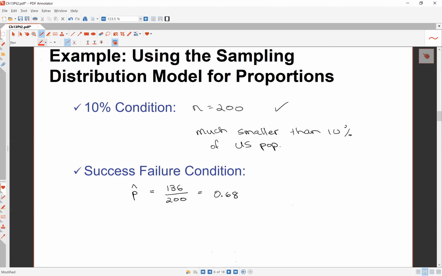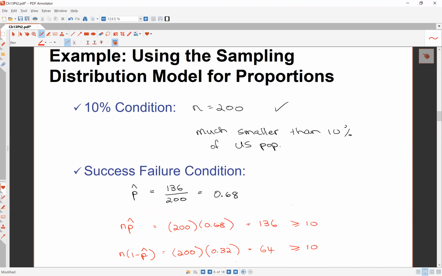Now, the success-failure condition says we need to do two different multiplications, n times p hat and n times 1 minus p hat. So 200 times 0.68, and if you do that multiplication, you get 136. And 200 times 1 minus p hat, which is 0.32, gives us 64.